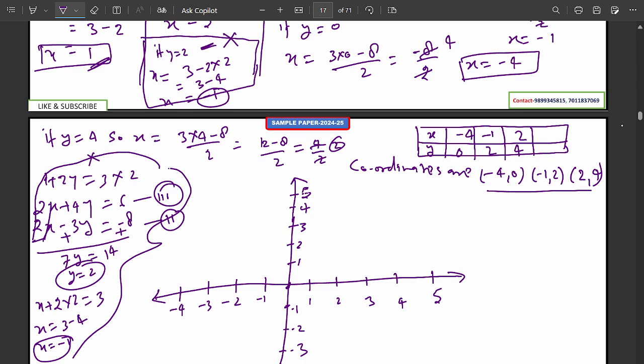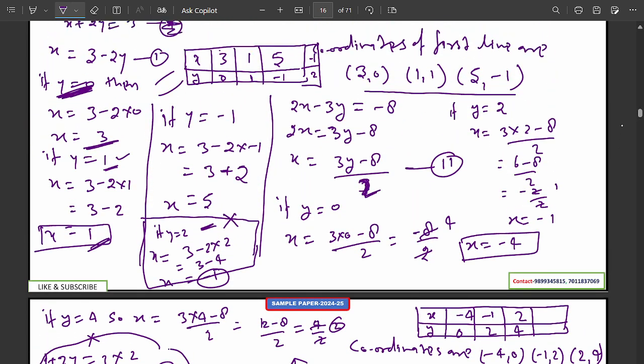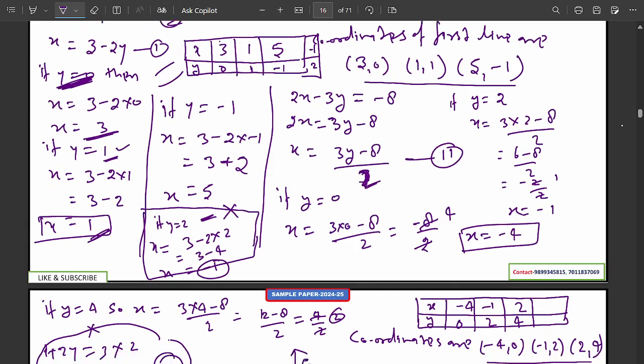Is it clear? So first of all, I want to plot 3 comma 0 and 1 comma 1.